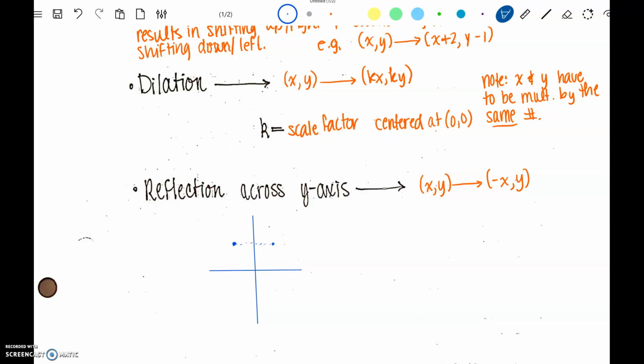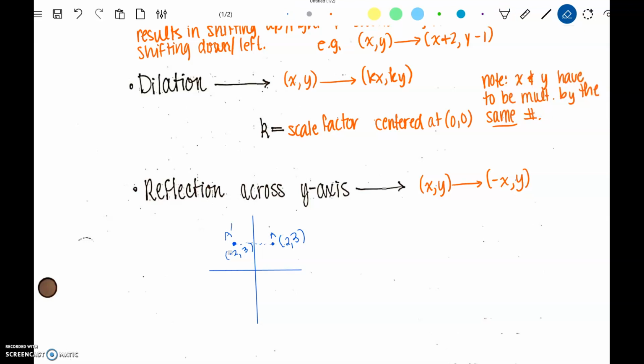Notice the height or the distance from the x-axis didn't change, so both of these points would have the same y value. So point A over here, the ordered pair might be 2, 3, but when it's reflected across the y-axis, A prime is going to be negative 2, 3. Notice the sign of the x value changed, but the y value remained the same.